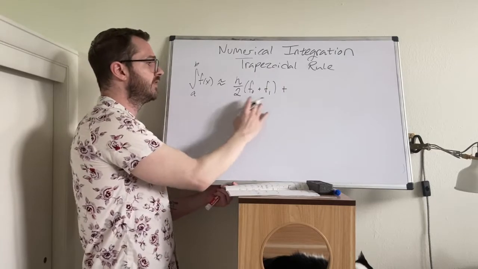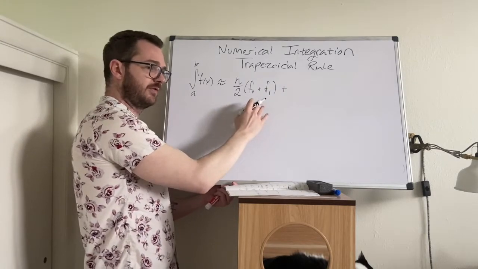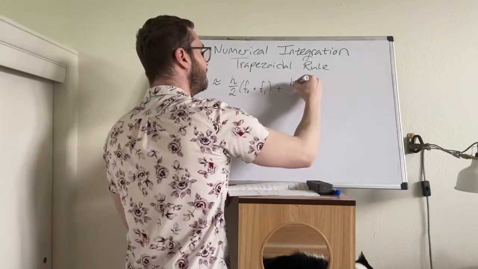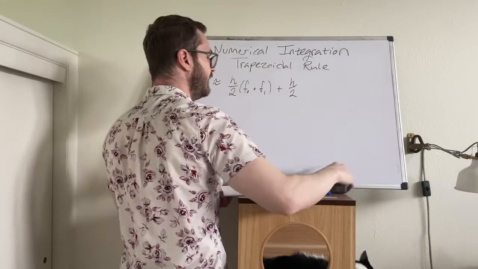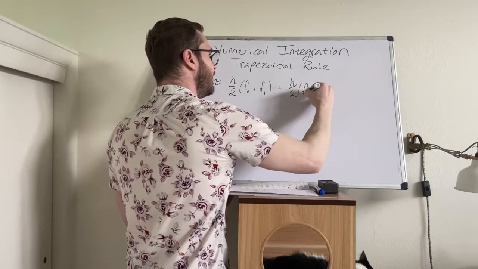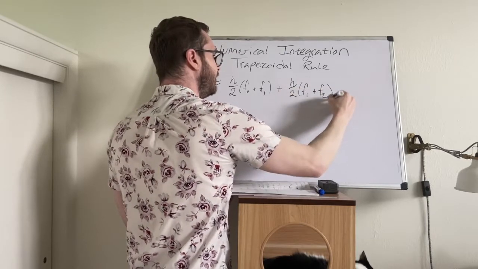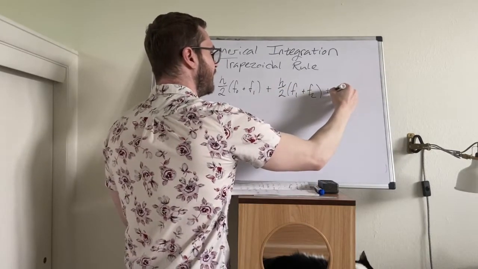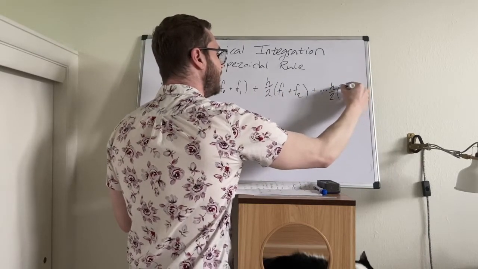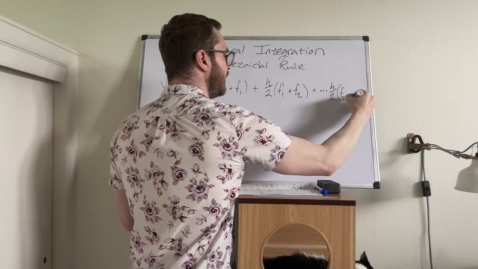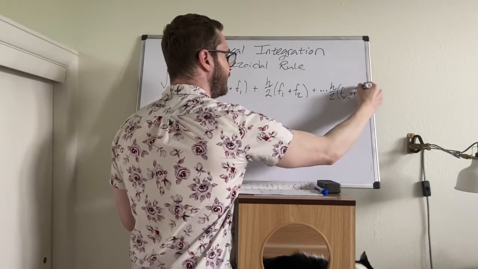This would be the trapezoid for the first section, right? For the second section, h over 2 multiplied by (f1 plus f2), plus, and so on, until h over 2 times (f n minus 1 plus f n).